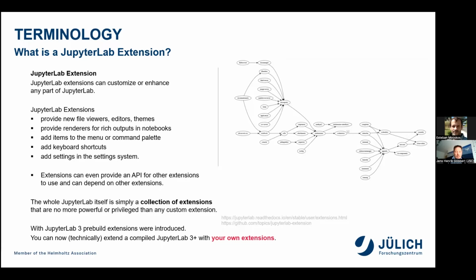With JupyterLab 3, the use of extensions became even more powerful because it introduced pre-built extensions, which means the extensions do not need to be compiled in, which was the case until JupyterLab 2.